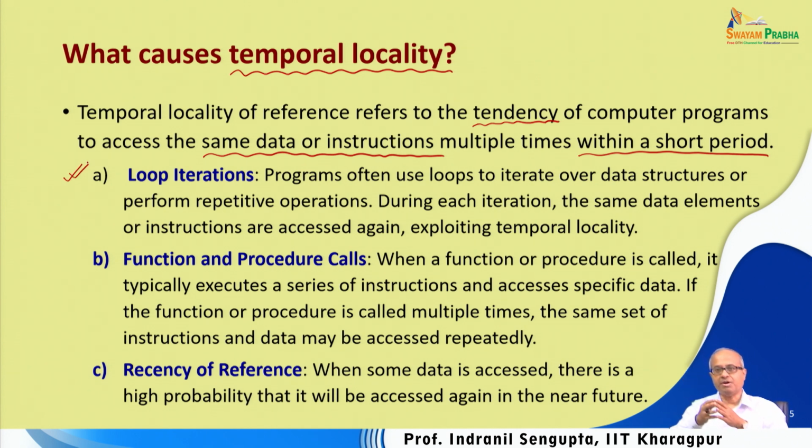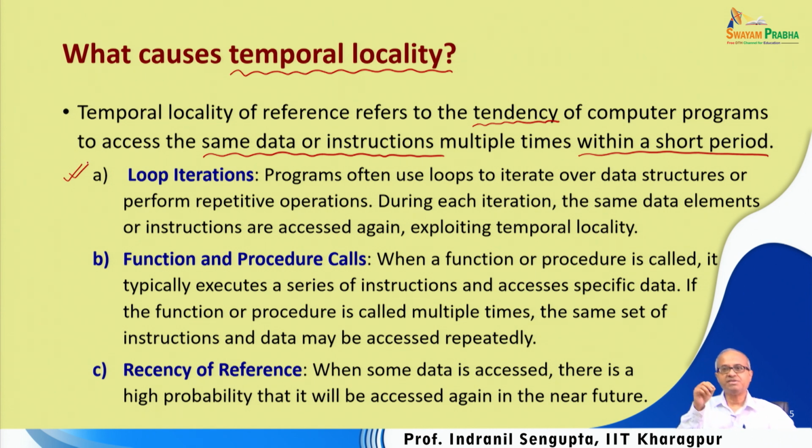In a typical program, we use loops. Many a time we use some data structure like arrays, where we access the data elements in the array one by one. These are repetitive operations. When you are doing these things in a loop, the same piece of code will be executing repeatedly, one iteration after the other.